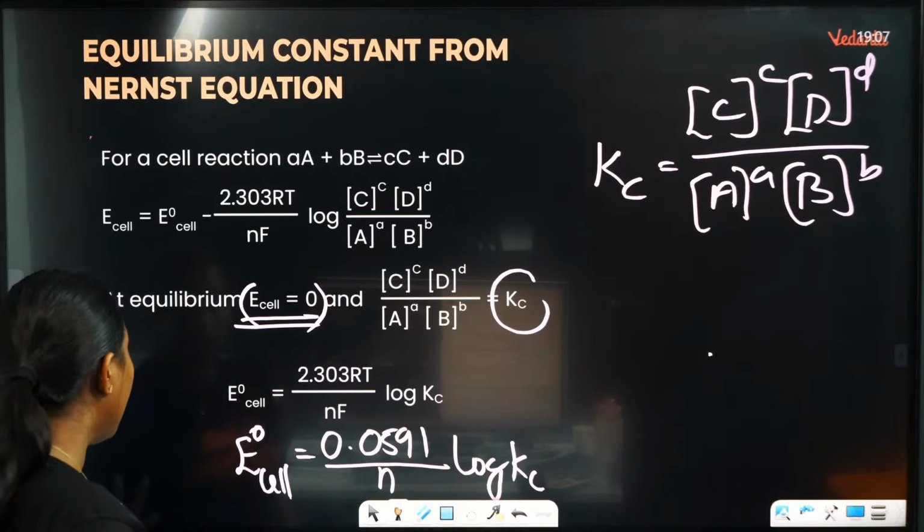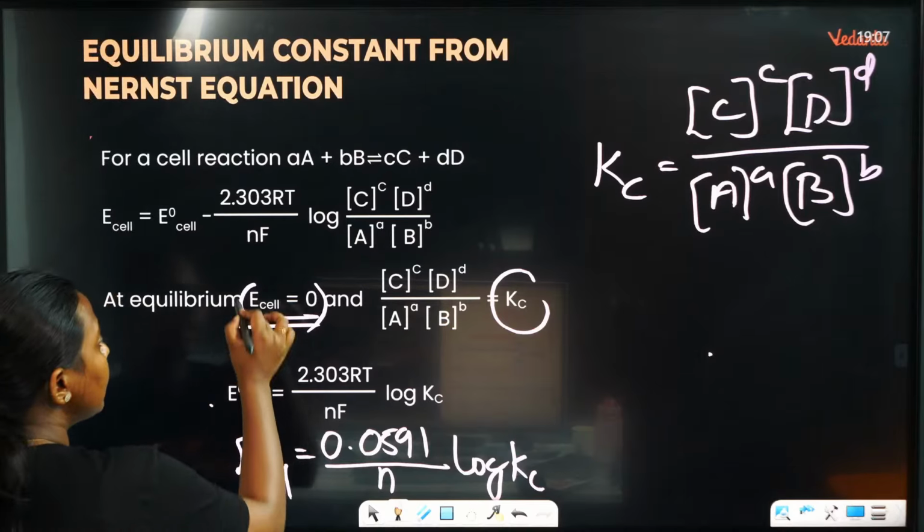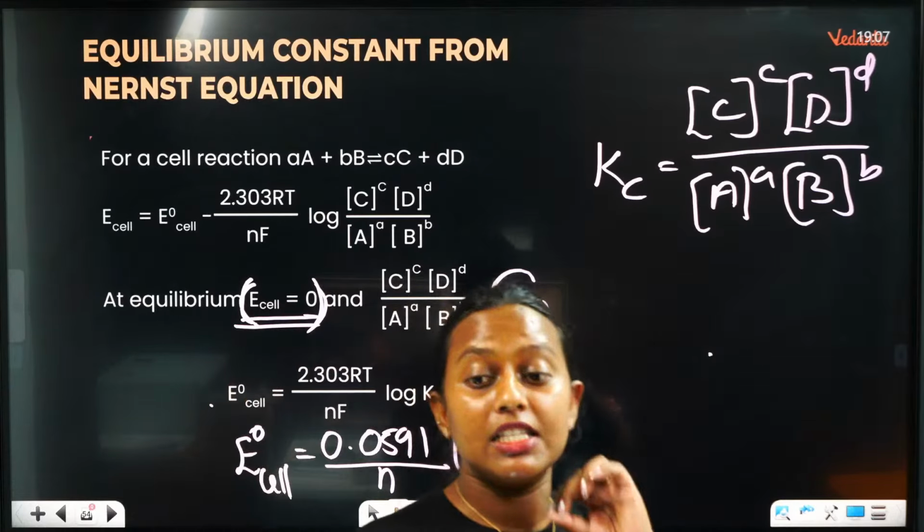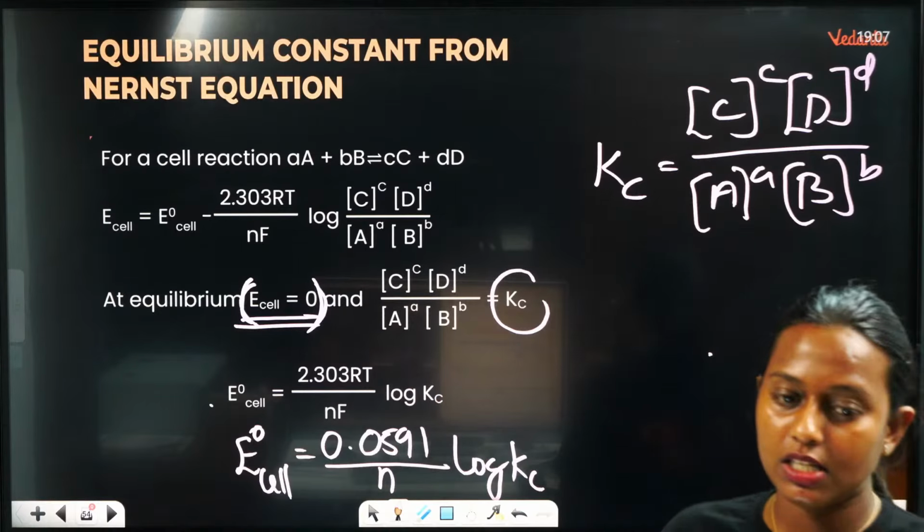Because E cell value will become 0 at equilibrium constant. I hope it's clear.